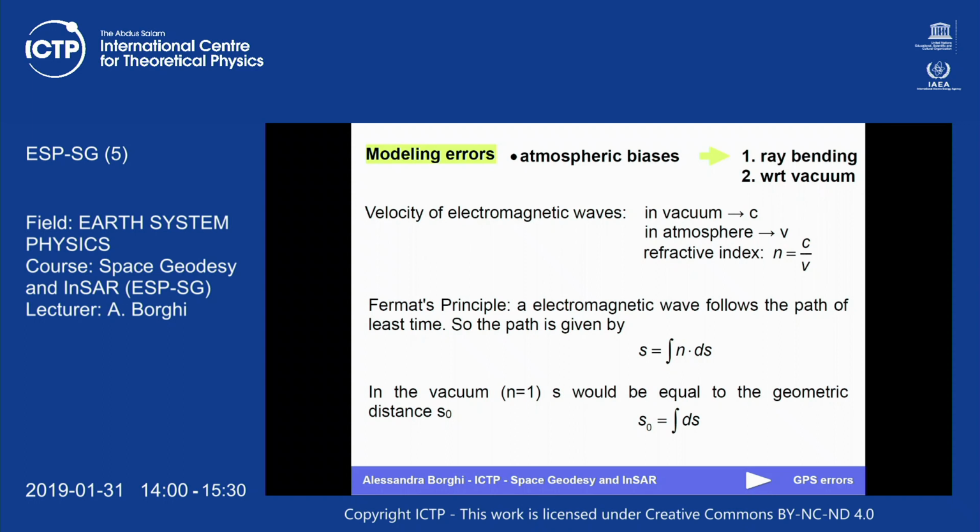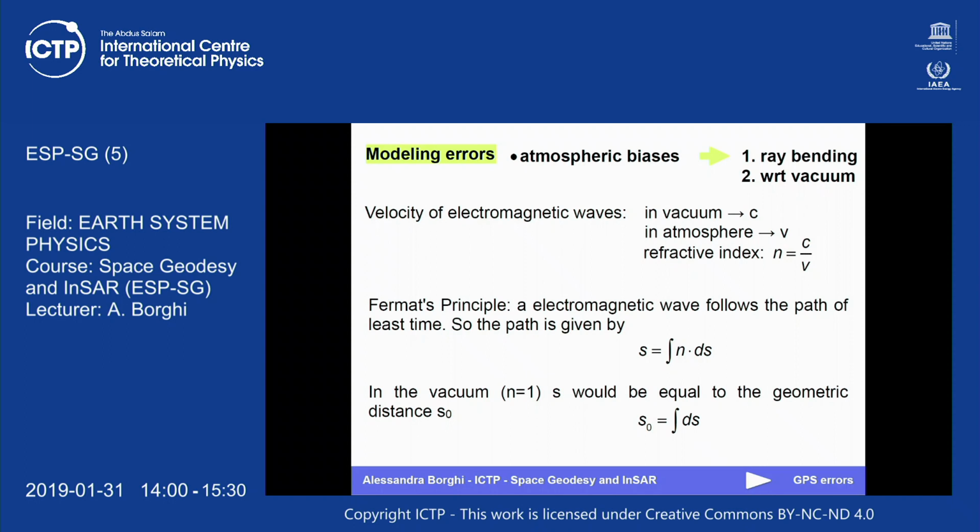Our signal is used to measure the distance. In the equation that we have written, it is just the Euclidean distance between one point and another, satellite and receiver, a straight line connecting satellite and receiver.